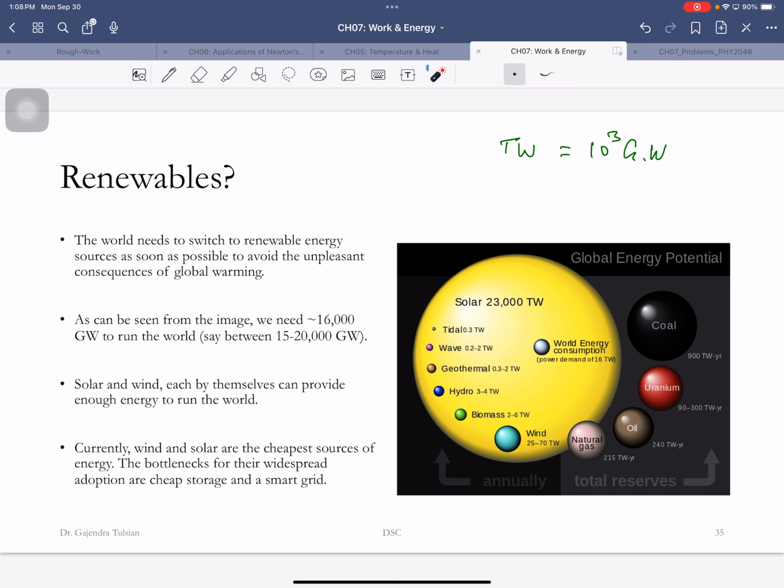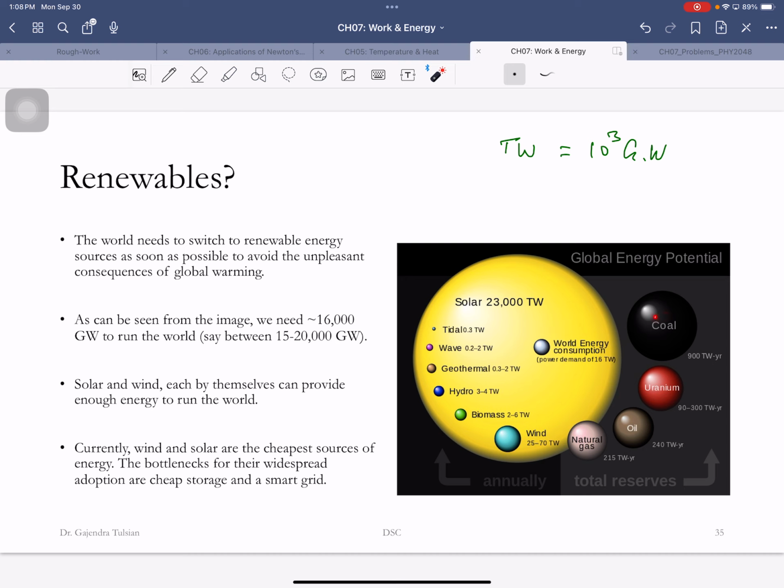What this graph shows you is 900 terawatt years. So let's say in the future, if you get all your energy from coal, 900 divided by 15 is 60. You could run the world for 60 more years if all your energy were coming from coal.